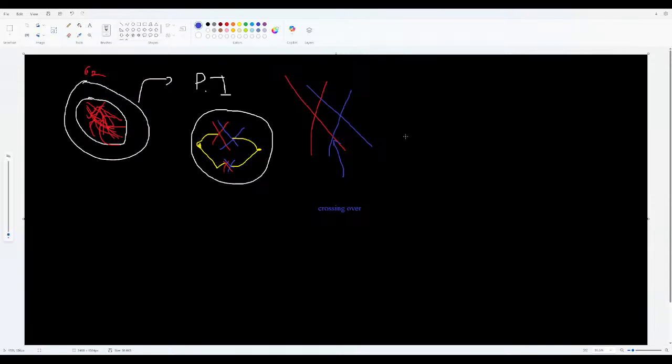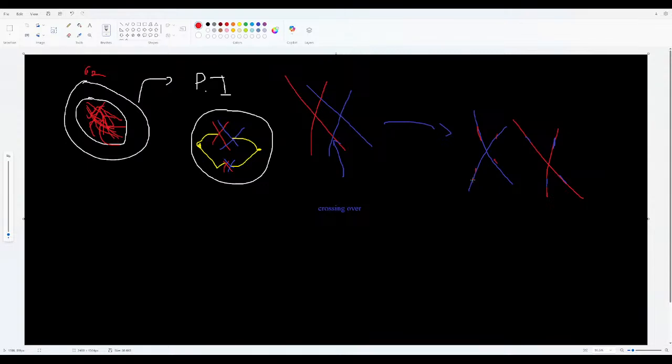So basically the end result is that we have 1 chromosome and then we have another chromosome. This red one, the one from mom, now has certain bits of blue in it. And the one from dad has certain bits of red in it.